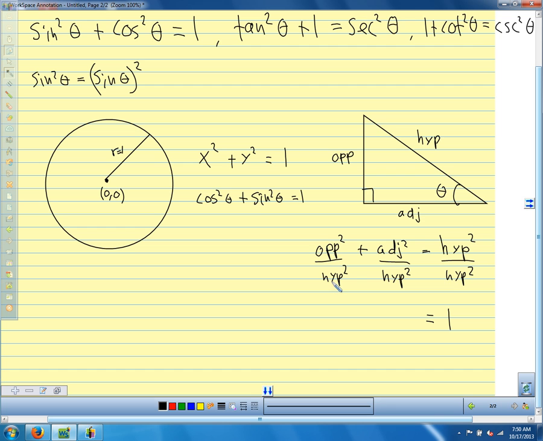Opposite over hypotenuse on my triangle is sine, so this is sine squared theta. Adjacent over hypotenuse is cosine squared theta, equals 1. So this is called the Pythagorean identity because it comes from the Pythagorean theorem. We apply the Pythagorean theorem to this triangle and we get this identity. The equation of the circle comes from the Pythagorean theorem also. So that's why they're similar.